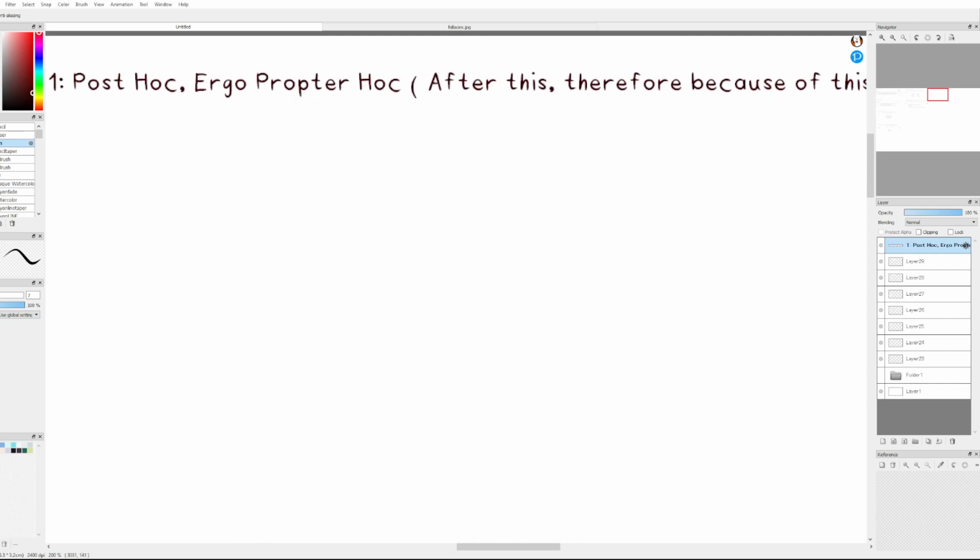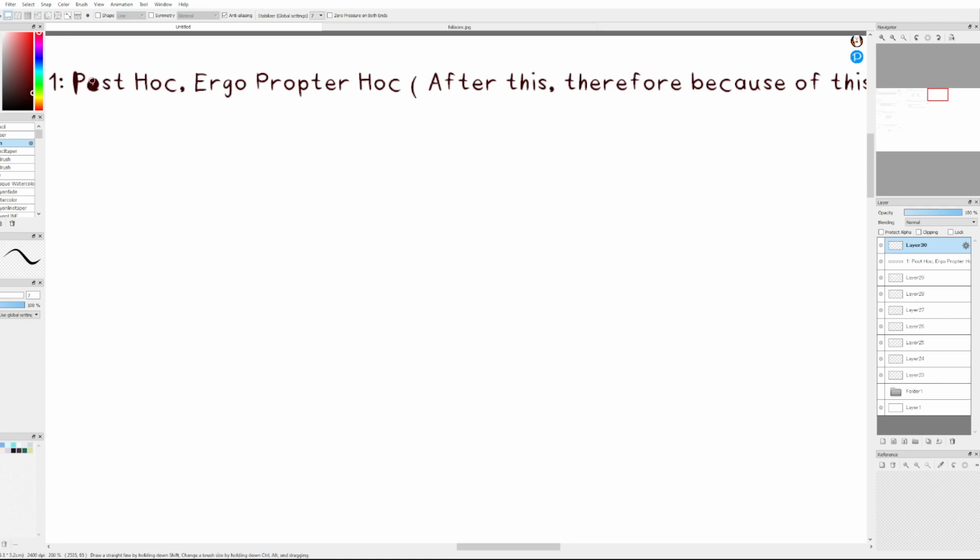So for an example, say you say something like, my uncle was upset because he said that his wallet had money in it before you went to get gum from it. This basically is implying that you stole his money, even though it doesn't necessarily mean that you were the one.